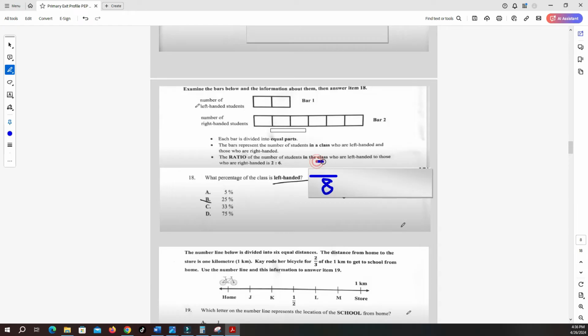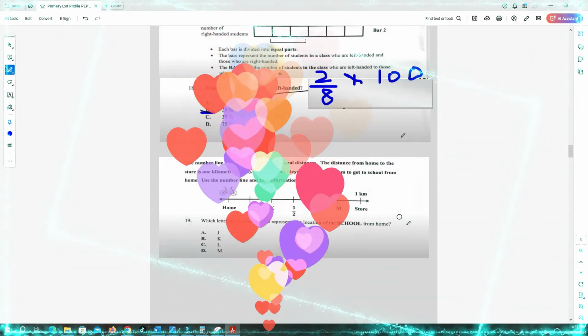We want to find the percentage, so 2 of 8, then of 100. There's another way to do it, really. Let's just do it this way. 2 into 2 is 1, 2 into 8 is 4, and 4 into 100 is 25. So the answer is 25%.